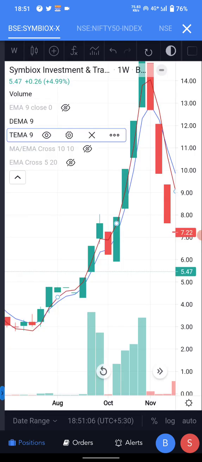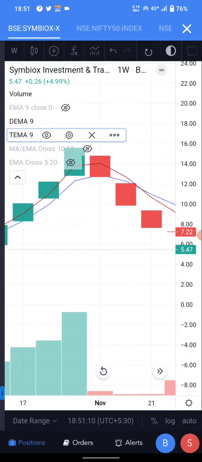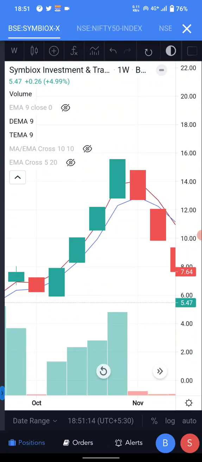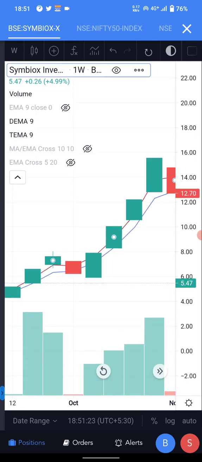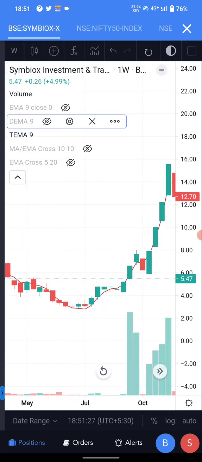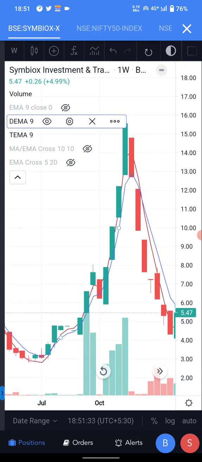Okay, you can see, as I have explained, triple EMA is going to be very close. Red one is triple EMA, right? Yes, red one is triple EMA. This triple EMA is very close to the candles, whereas the blue, nothing but double EMA, is a little bit far. You can see here the difference.